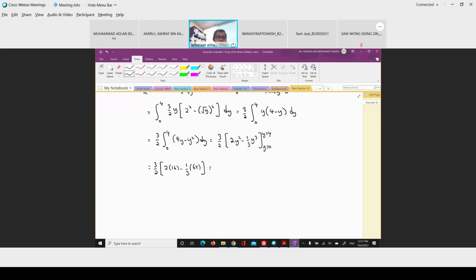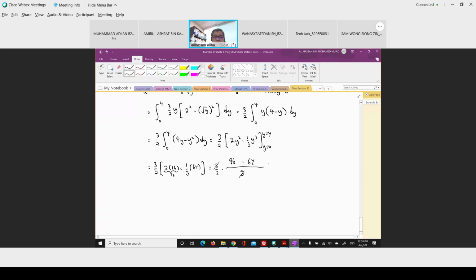So what is this equal to? 2 times 16 is 32. For the bracket term, let's put everything over 3. 32 times 3 is 96, so the 3 cancels out.